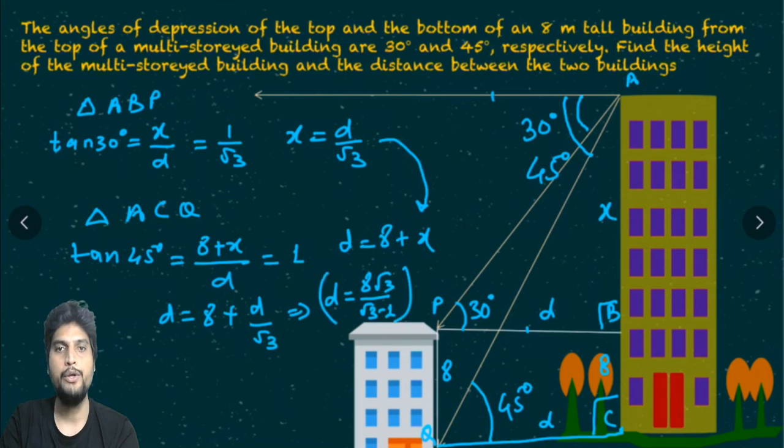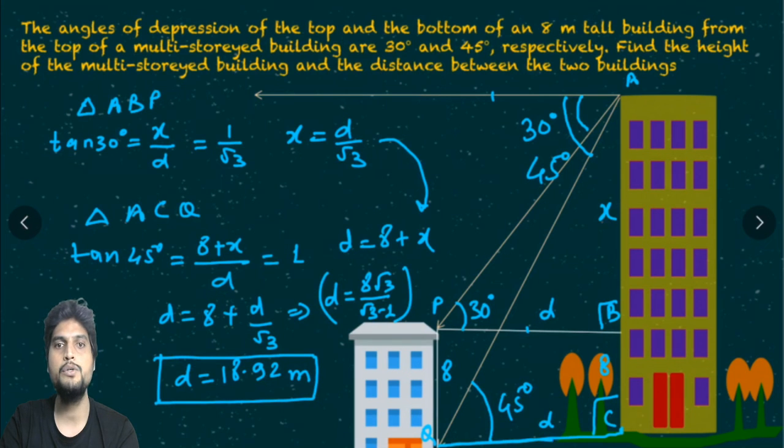If you put the value of root 3 as 1.732 and solve this, you will get D is equal to 18.92 meters. So friends, here this distance D is also equal to 8 plus X according to this equation above here.